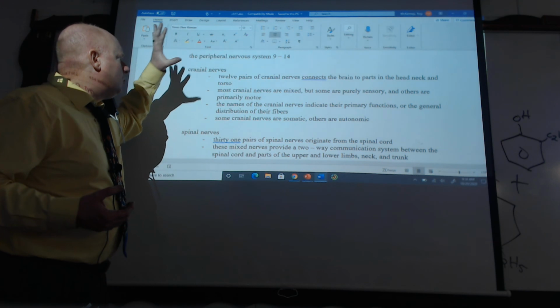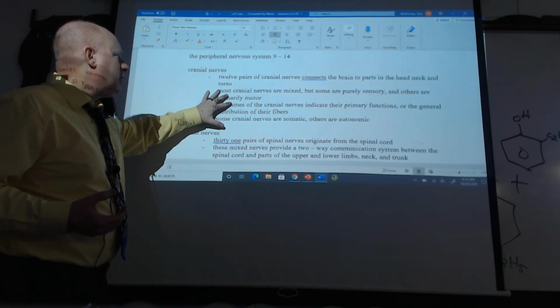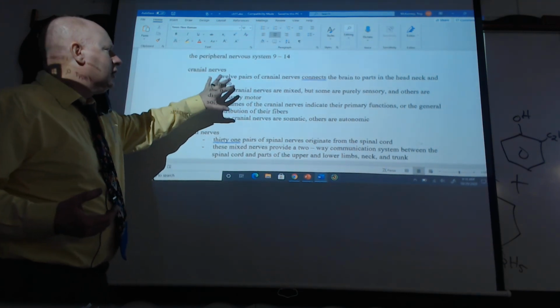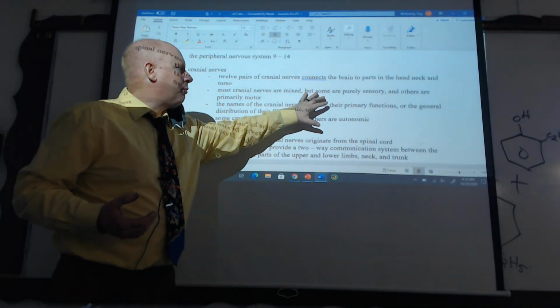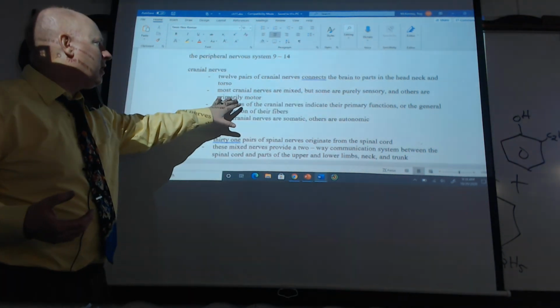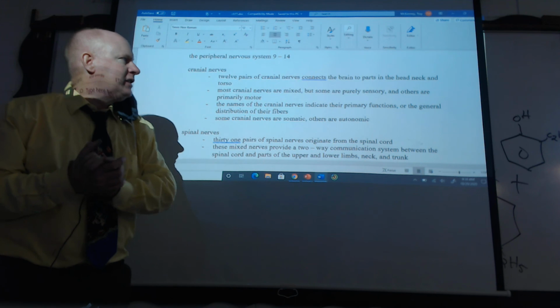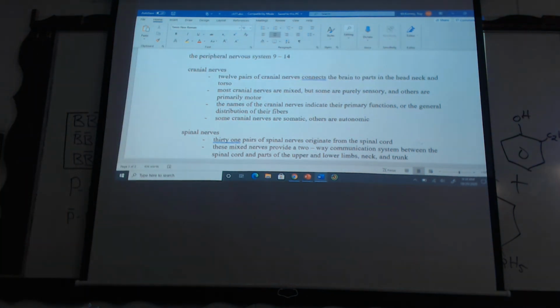And when we had those cranial nerves up there, some are mixed, some are purely sensory, others are primarily motor. Can you give me an example of a cranial nerve that is sensory only? But that's not a cranial nerve.